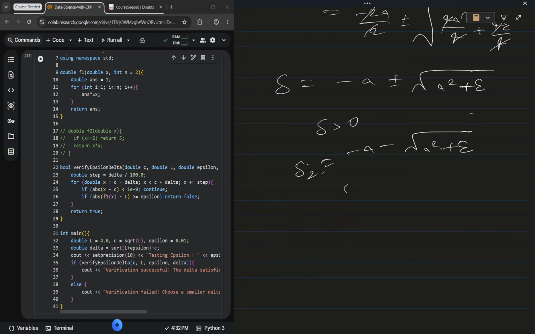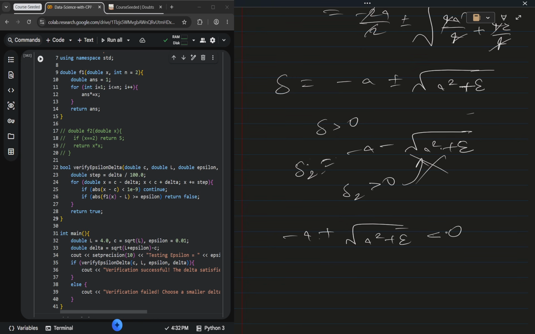So we have delta 2 greater than 0, but this is not possible over here. So we'll just ignore this, and then we can directly write minus a plus under root of a square plus epsilon.